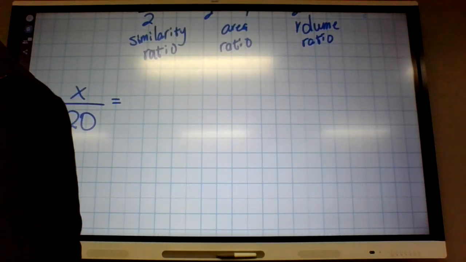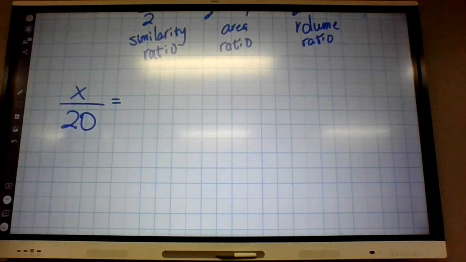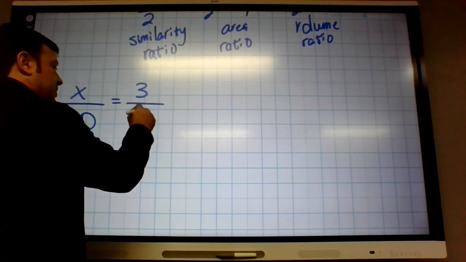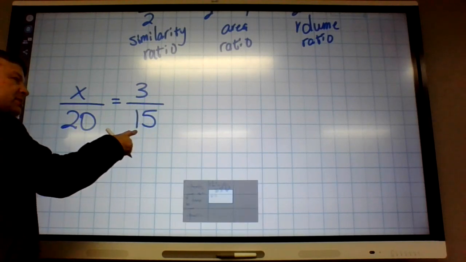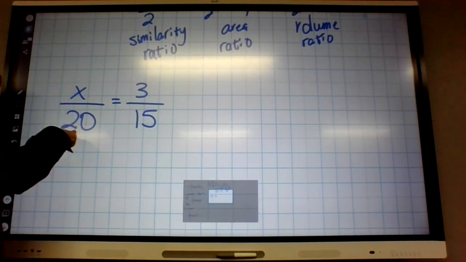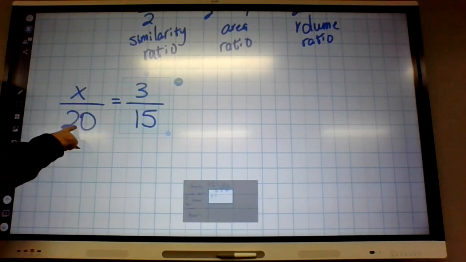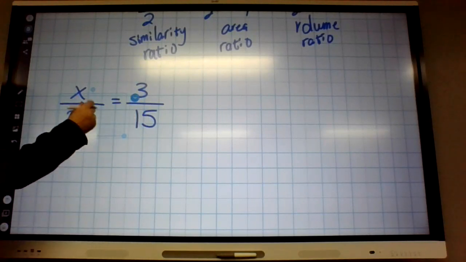If you look at the pictures, those are the corresponding sides on the triangles. So it's 3 and 15. Make sure you put the large side across from the large side, okay? 20 is the length on the large triangle, so I put 15 with the large one. If we flip this upside down, we get it wrong.